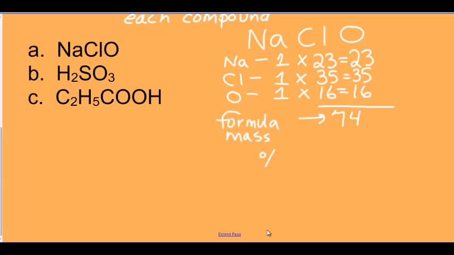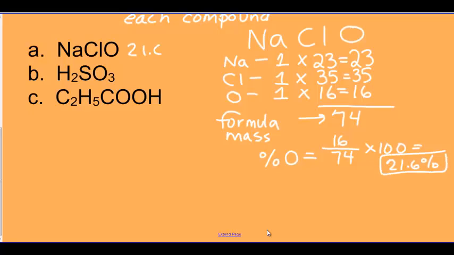So my percent oxygen is the mass of oxygen in the compound, 16, divided by the mass of the whole compound, times 100, and we get 21.6%. So I know that this is 21.6% oxygen by mass.